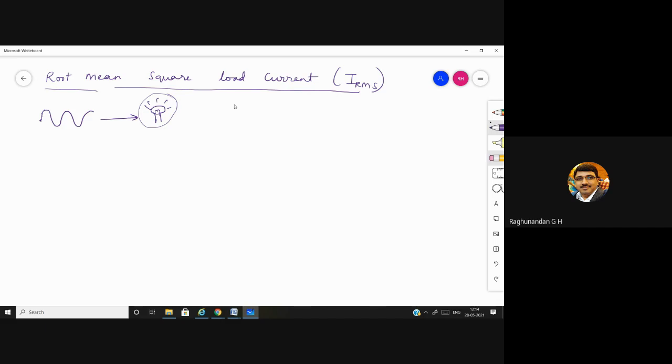is the AC current which is obtained across the output, because we know that the output is a mixture of AC as well as DC. So whatever output we have, it will be a mixture of AC as well as DC.